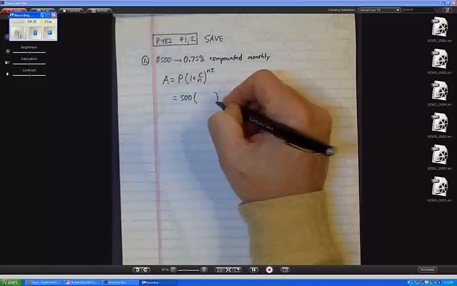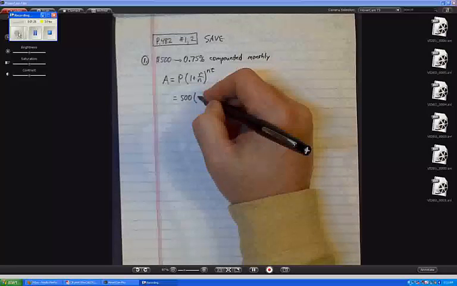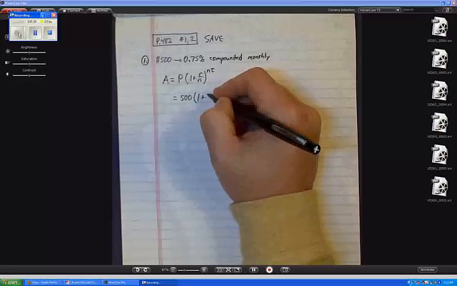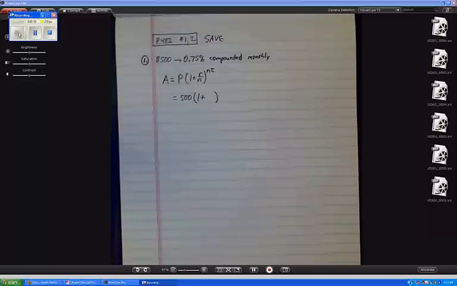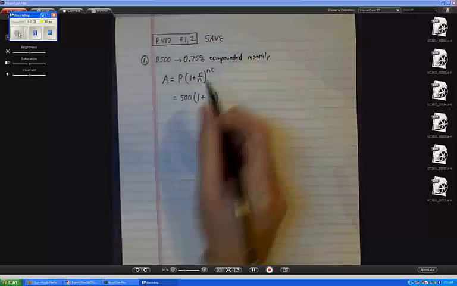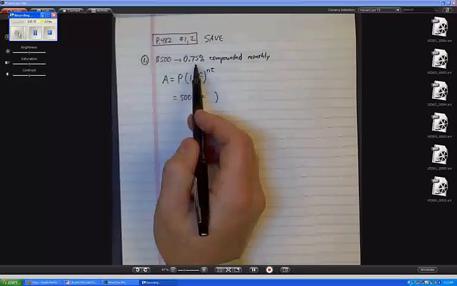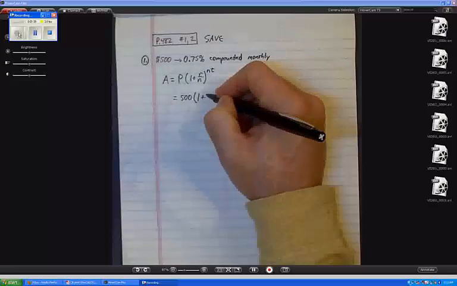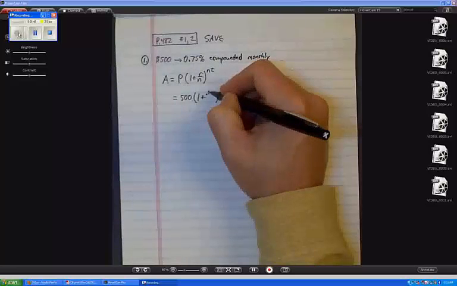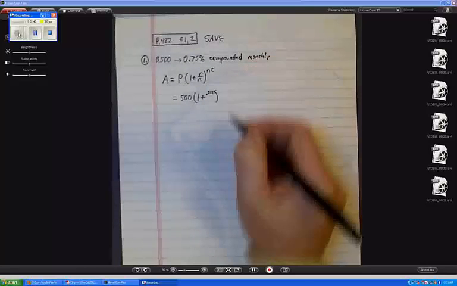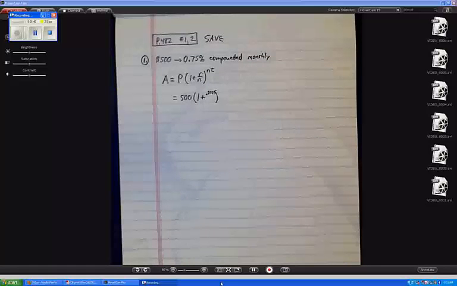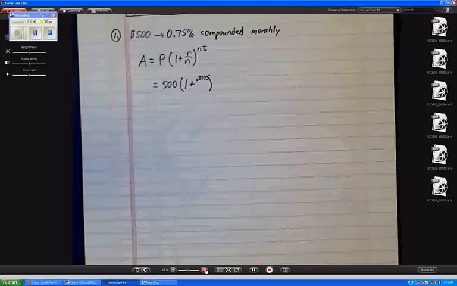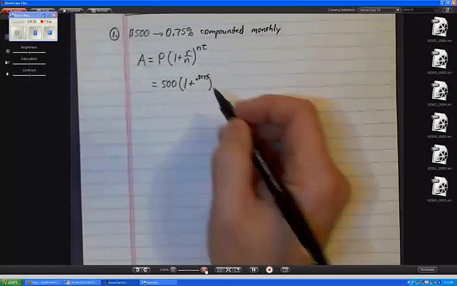What I have here is 1 plus, what would you write here? I want to be careful here. That's right. This is less than 1%, right? So how do you write that? You write that as 0.0075. That's tiny. But then what else do I have to do? Divide by 12.